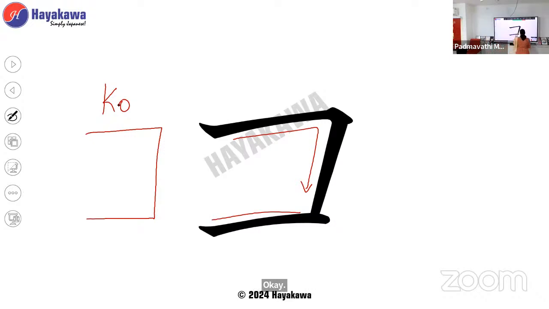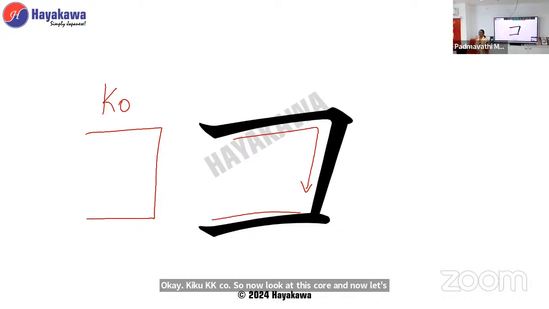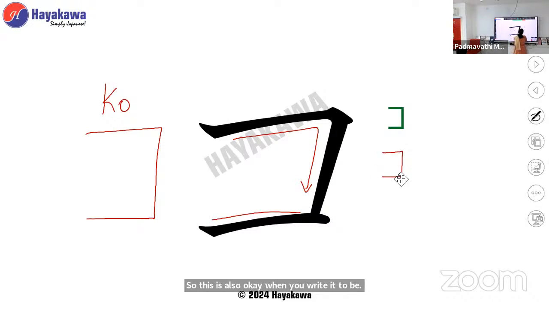So now look at this ko, and now let's see the typed version of ko. So when we compare it with the typed version of ko, you see how straight it is. You can easily identify it to be ko, but the exact stroke is like this. It is also okay when you write it to be a perfect straight line.